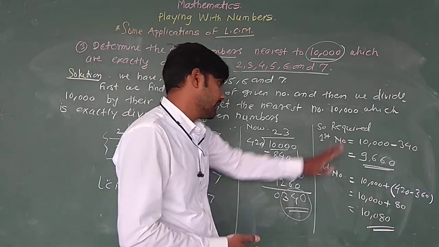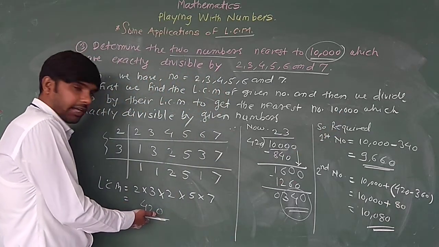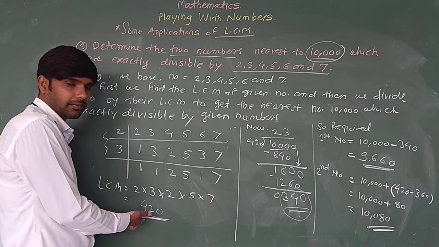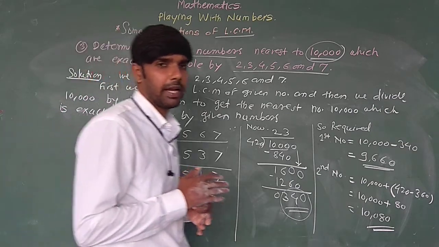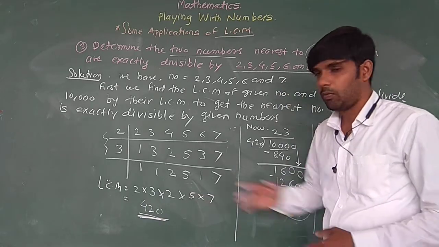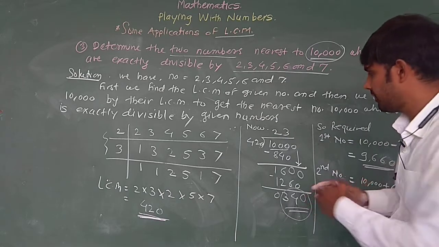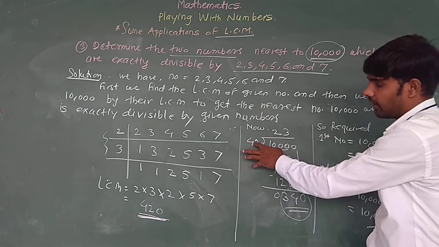Got it? So this is the most important part in this question. Till this step, we find the LCM, the lowest common multiple, which is exactly divisible by these numbers. Now we want the number which is nearest to 10,000. That's why we divide 10,000 by 420.